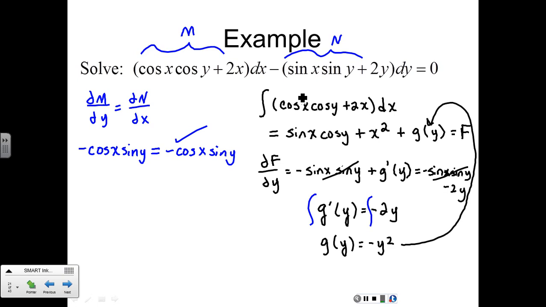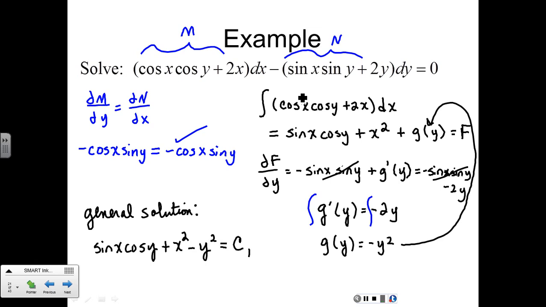So I got my general solution now: sine of x cosine y plus x squared minus y squared equals constant 1.